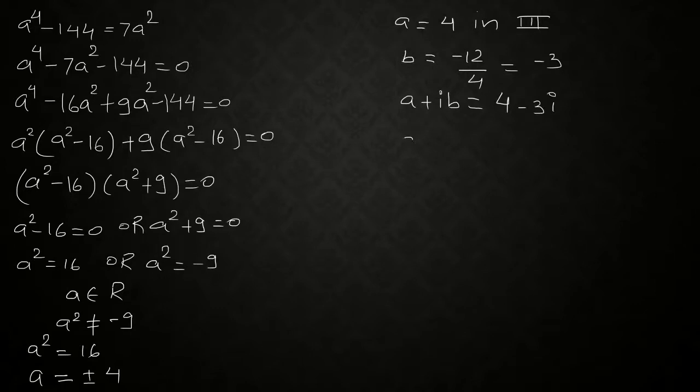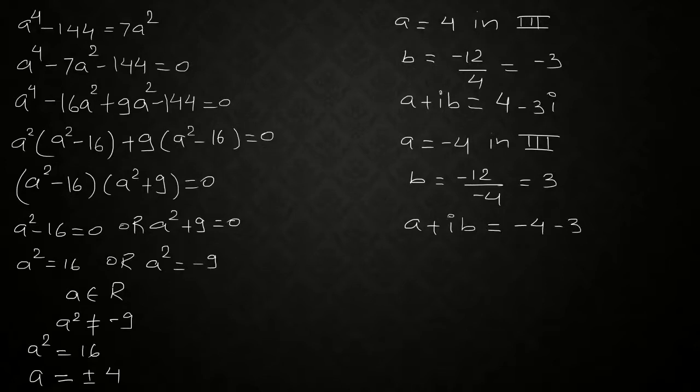And when we substitute a equal to -4 in equation number 3, we get b equal to -12 upon -4, so b is 3. So the answer of a plus ib is -4 plus 3i, which we can write by taking minus out, as minus of 4 minus 3i.